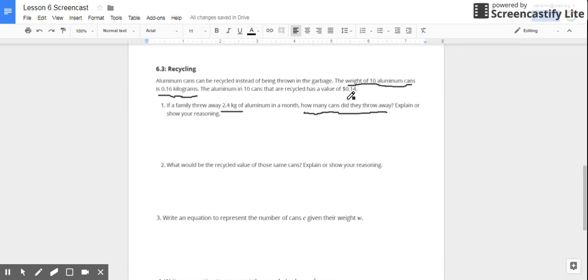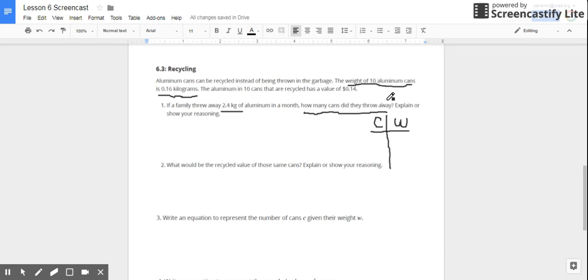Right now, I'm not worrying about the price because question number 1 does not say anything about the value of the cans. So I'm going to set up a table, and I'm going to use C for my cans and W for my weight.